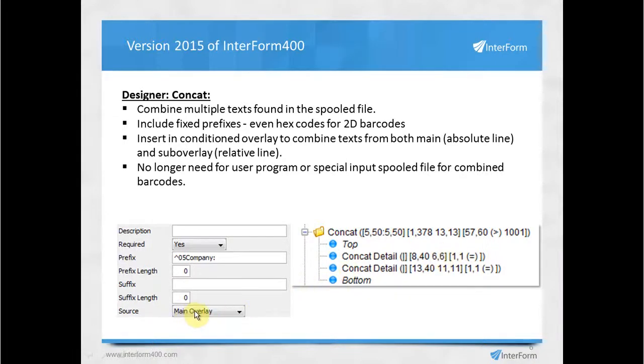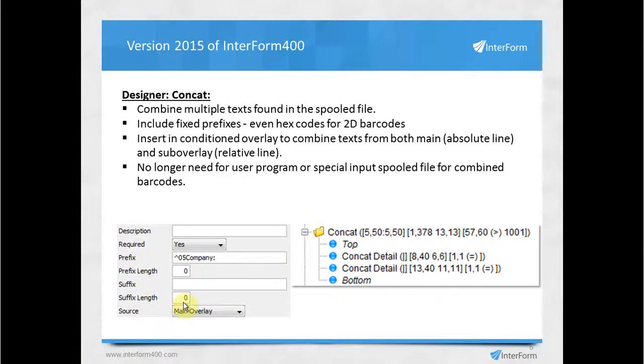We can even combine these spoof file texts not only with conditions, but we can also have different sources. You can think of the spoof file either as the complete spoof file where we refer to a specific line number, but you can also use these concat elements within a conditioned overlay.